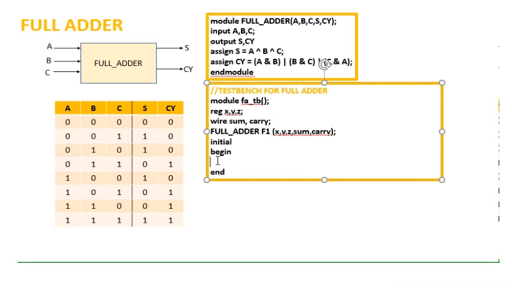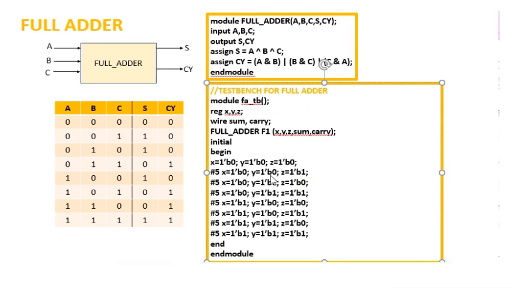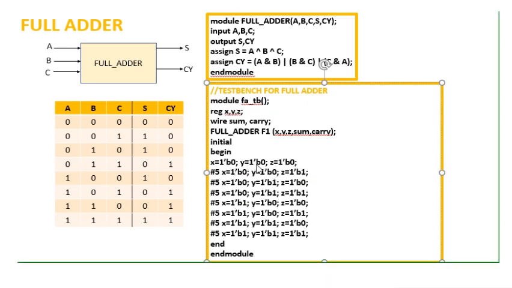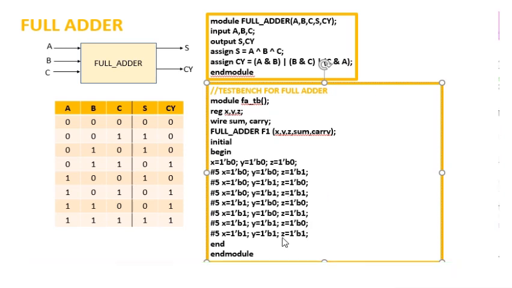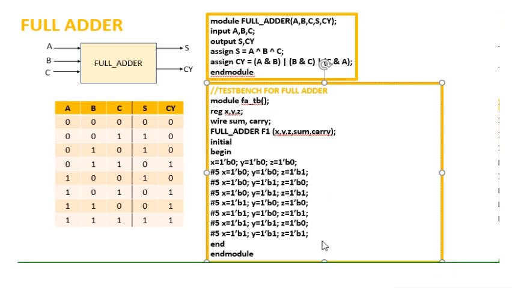I have applied the test vector as per the truth table, every 5 time units. Initially at time t equal to 0, x, y, z are 0, 0, 0. Hash 5 means after 5 time units it will be 0, 0, 1, then 0, 1, 0, 0, 1, 1, and so on till 1, 1, 1.